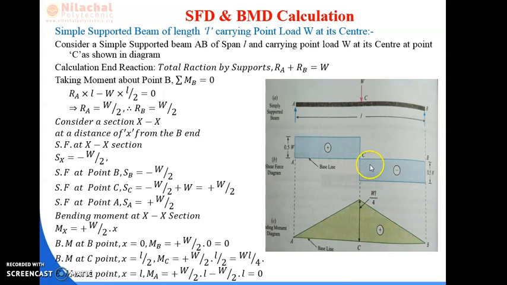We have seen from the concept of maximum bending moment that at C point the shear force is 0, and at that point the maximum bending moment will arise, and that is WL by 4.